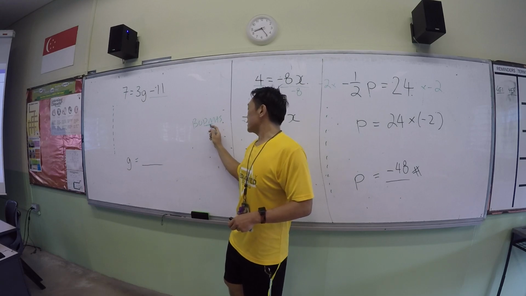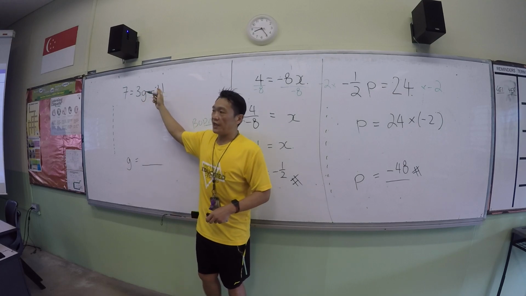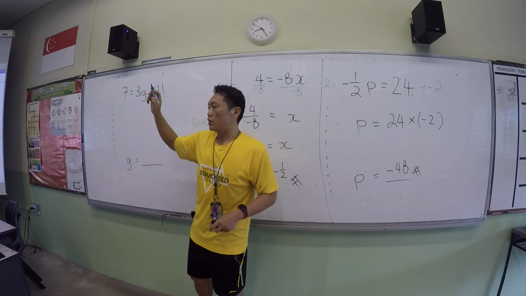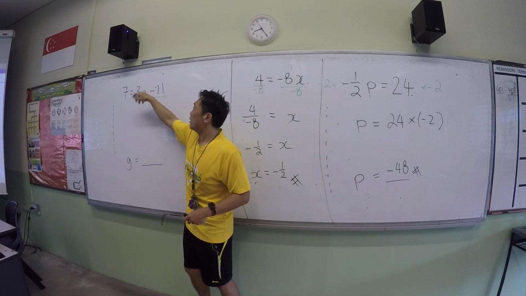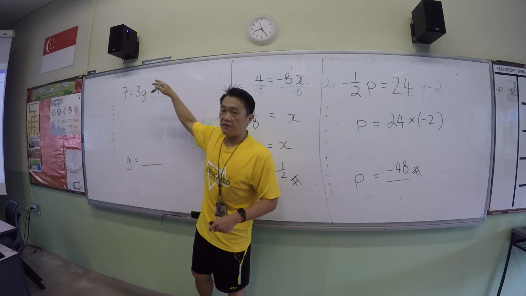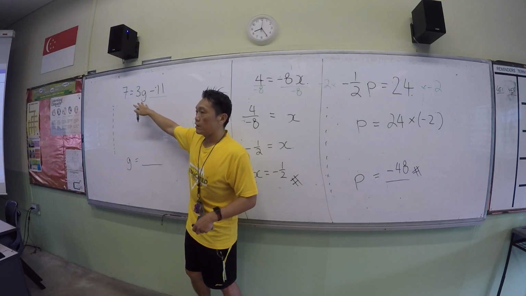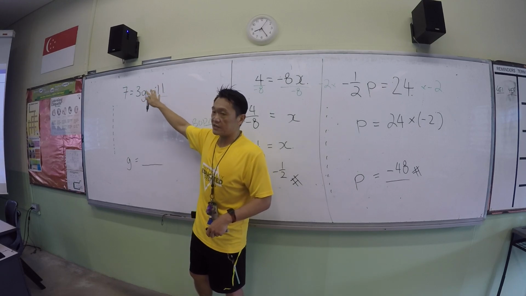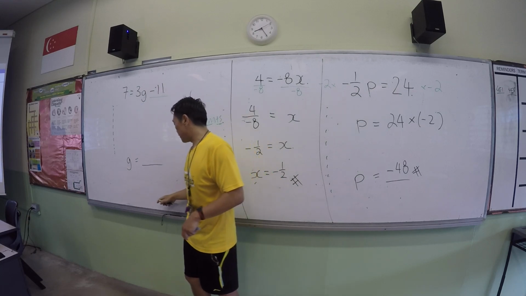Division and multiplication, then followed by addition and subtraction. So the subtract 11 is further away from your g. Okay? Your 3 multiply g is like your immediate family. The minus 11 is the distant family. So we can get rid of the minus 11 easier or earlier. They are not so close, so we get rid of them first.